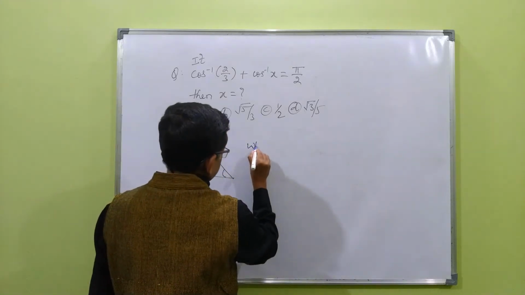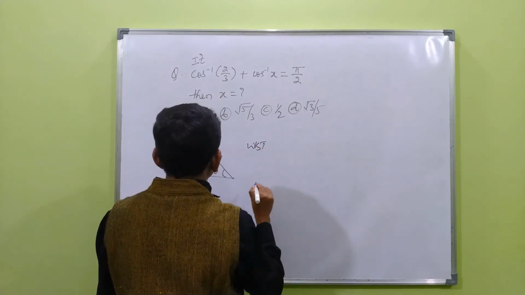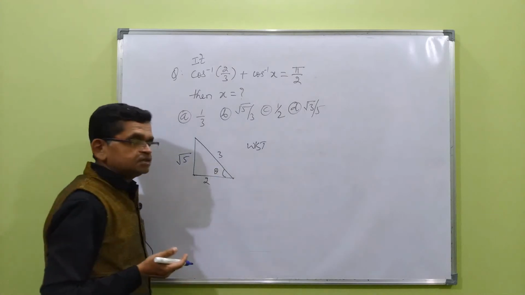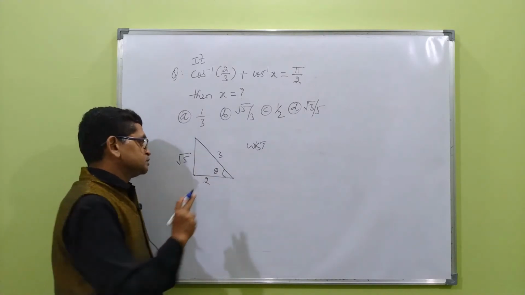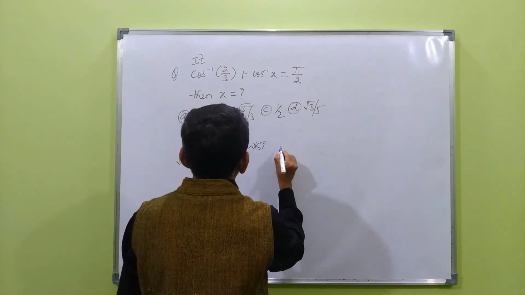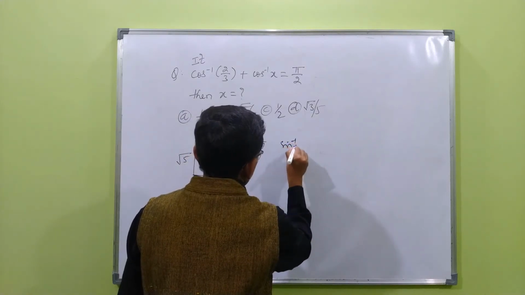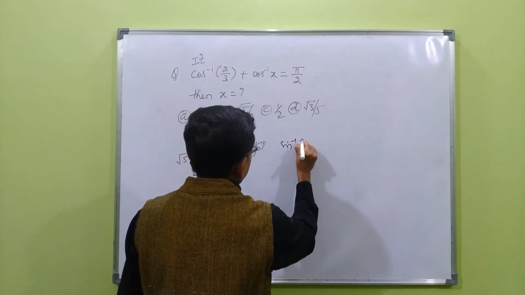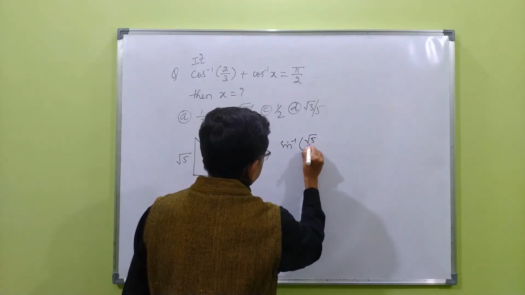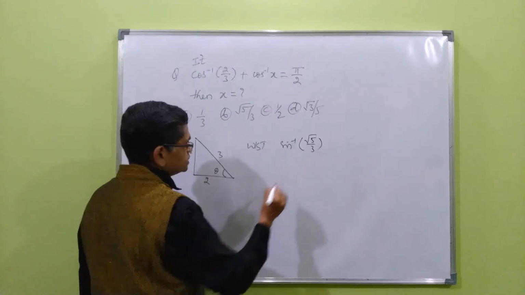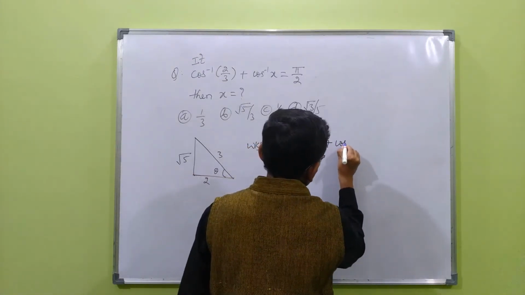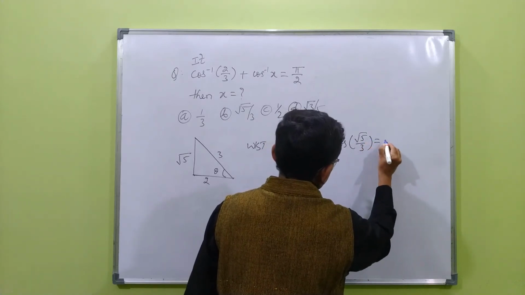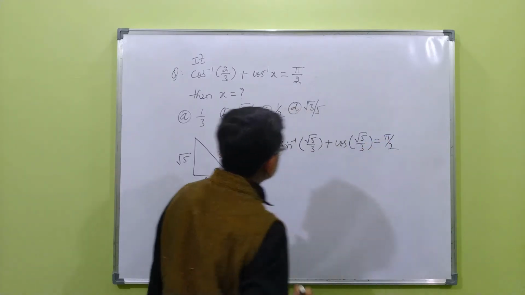We know that cos inverse x plus sine inverse of x is equal to π by 2. So here sine inverse of x means root 5 by 3, plus cos inverse root 5 by 3 is equal to π by 2.